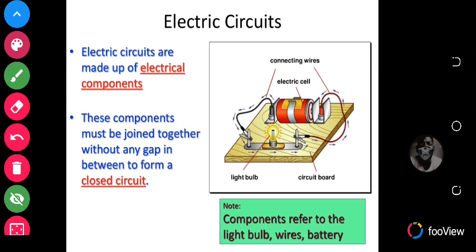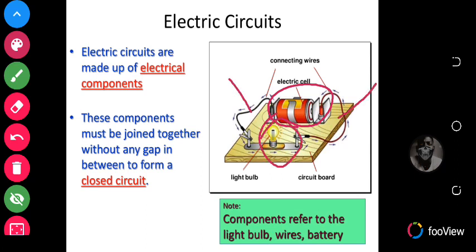These components must be joined together without any gap between them to form what we call a closed circuit. Now when we say the components, we're referring to lights, the light bulb, the wires, and the battery. In this electrical circuit here, we can see there is a battery, two wires, and a light bulb.